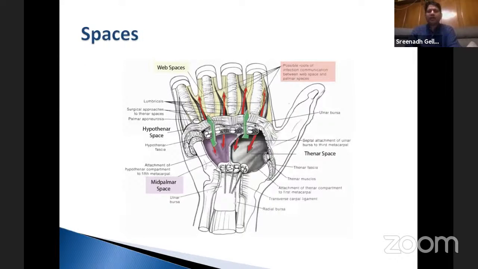I would like you to have a quick look at this picture. The reason is that all these spaces we are going to talk about in a minute are completely potential, and some lie quite deep while some are superficial.